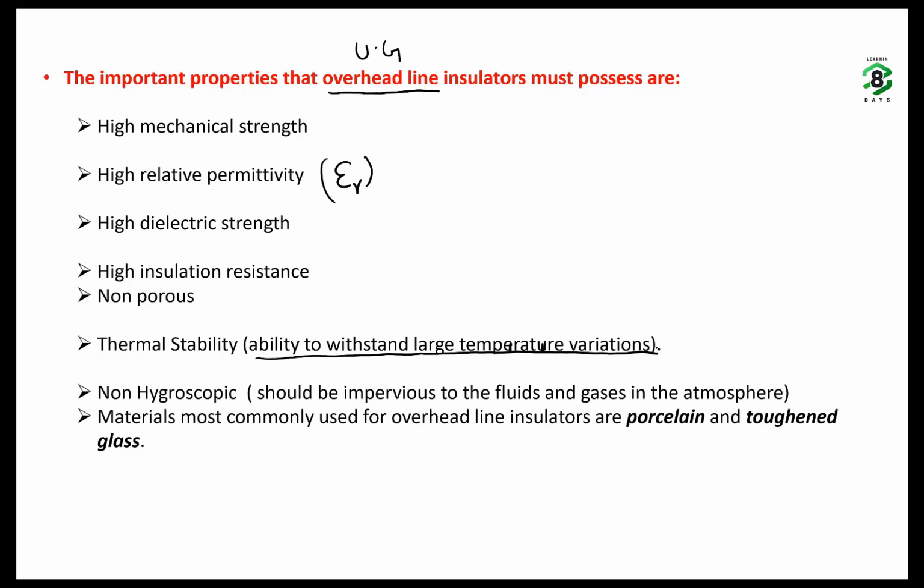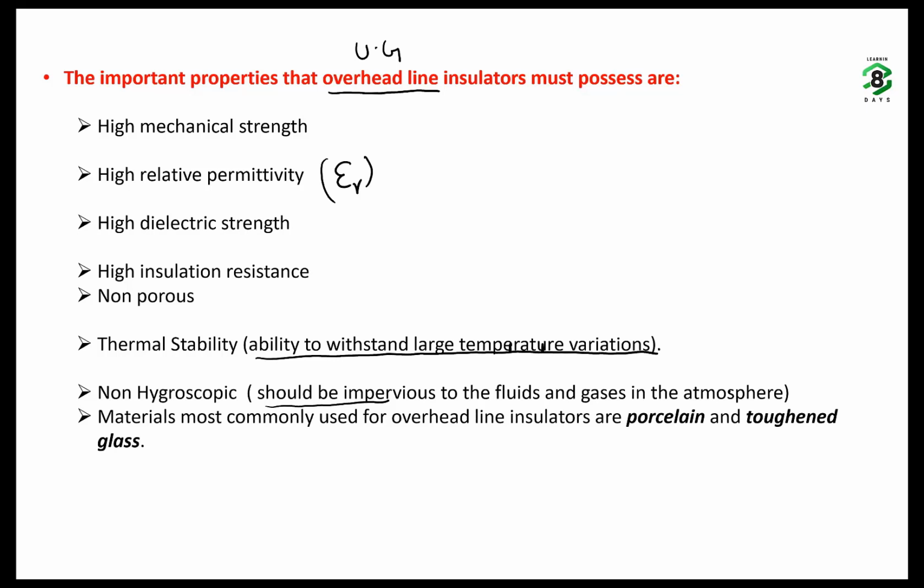Next, non-hygroscopic. That means they should not absorb moisture or gases present in the atmosphere; they should be impervious to the fluids and gases in the atmosphere. These are the desirable properties of insulators used in overhead lines, and even the insulation in underground cables.